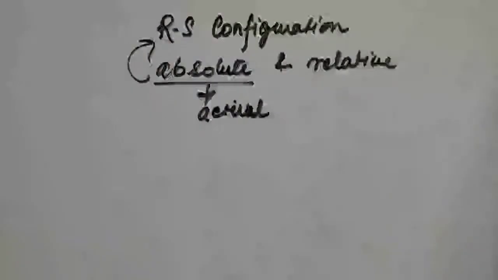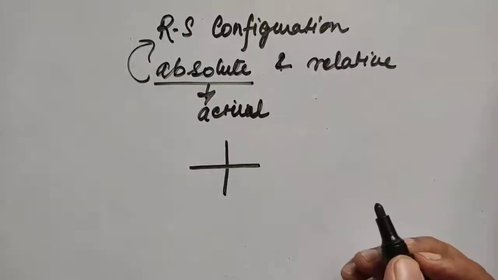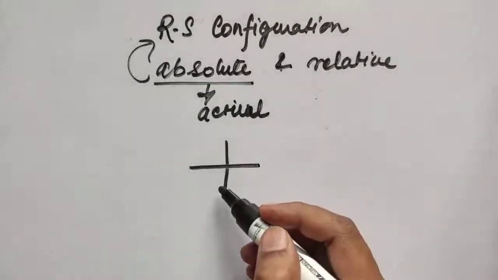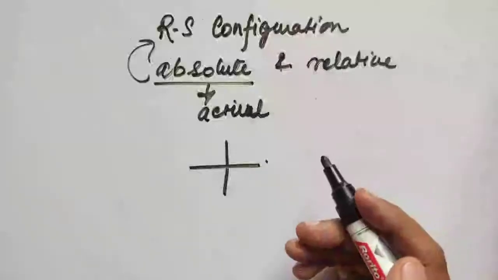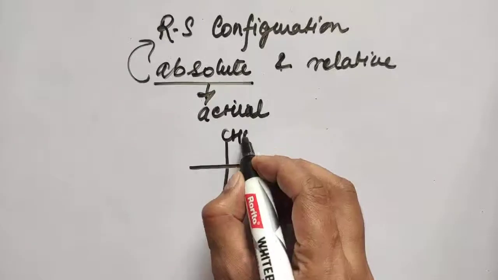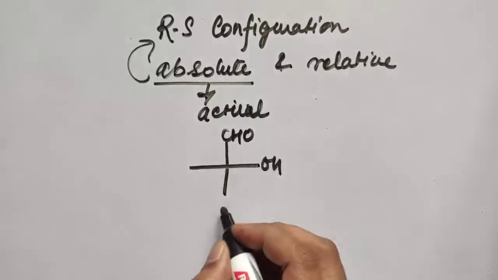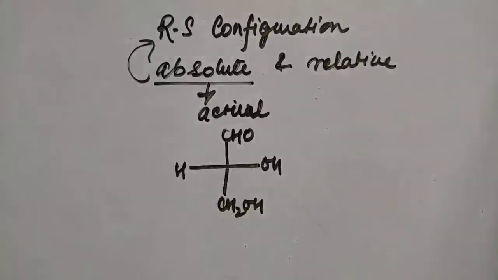Now the assignment of RS configuration to the Fischer projection. Fischer projections are representations of a three-dimensional organic molecule in two-dimensional space. For example, if I have to write glyceraldehyde, I am writing it like this in 2D, on a board or on a paper.